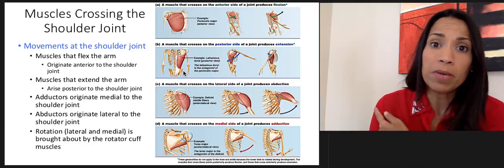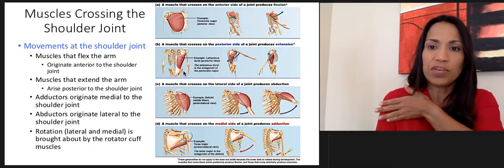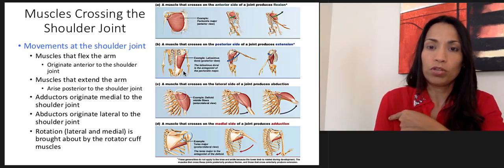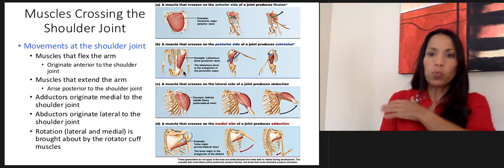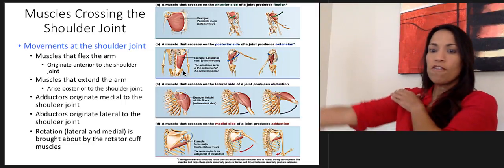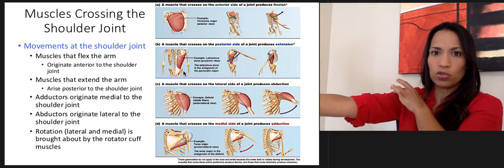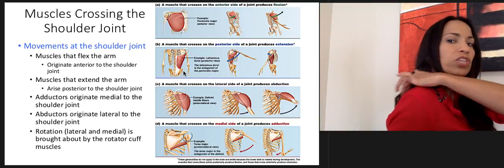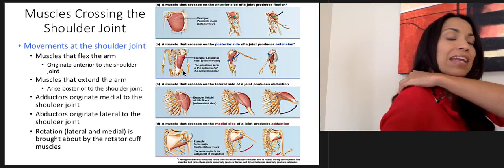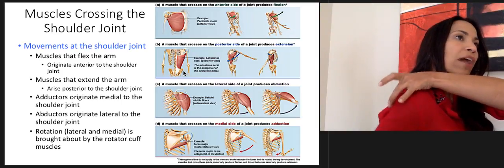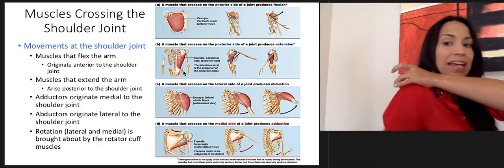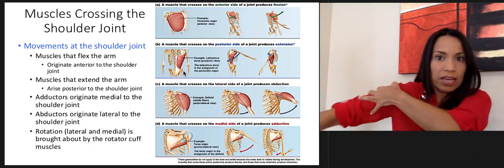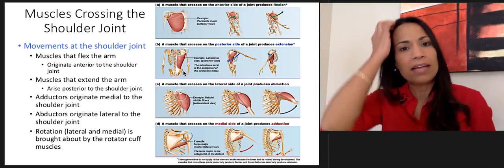So if a muscle crosses the joint anteriorly, let's say from clavicle to humerus, for example, it will what? It will flex the arm at the shoulder. If the muscle crosses the glenohumeral joint posteriorly, when it contracts, it can extend or hyperextend the arm at the shoulder.